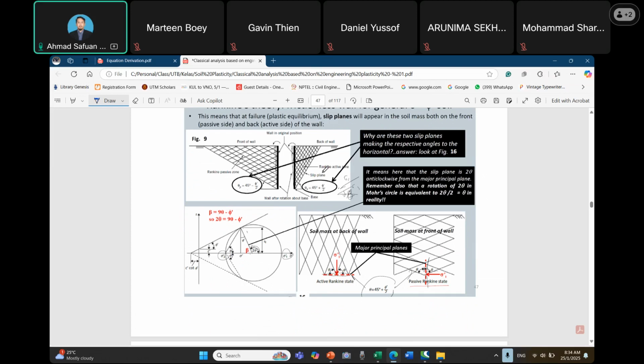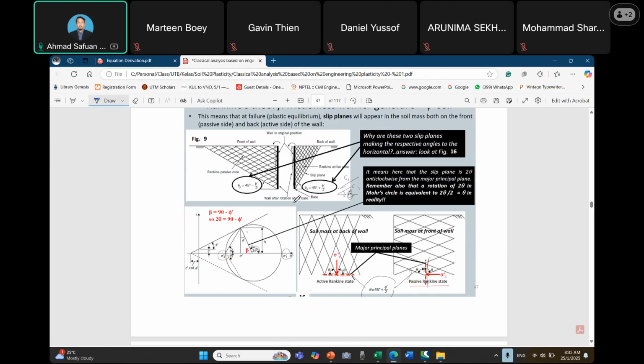But this is for the passive. They use a beta method to explain how we get 45 plus phi over 2 for the active, and 45 minus phi over 2 for the passive.